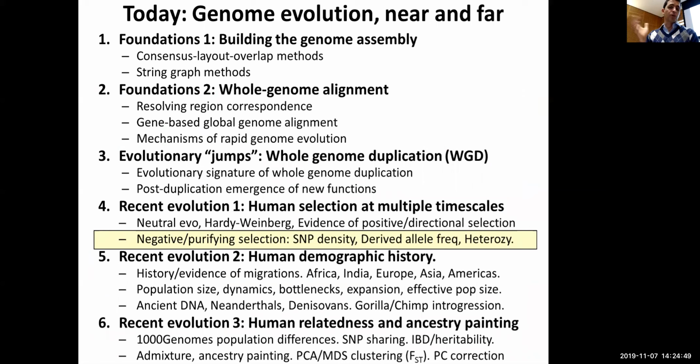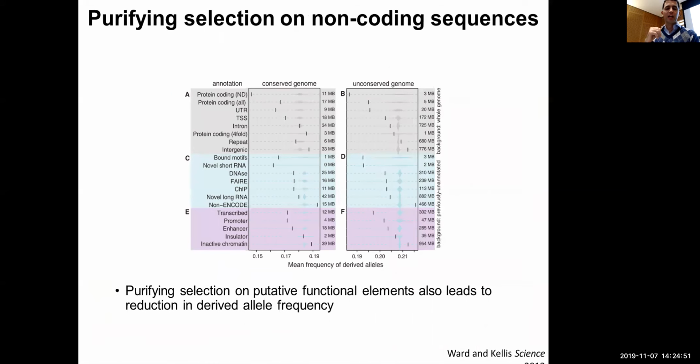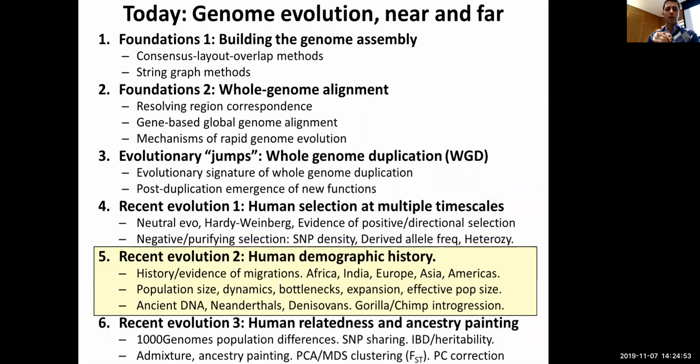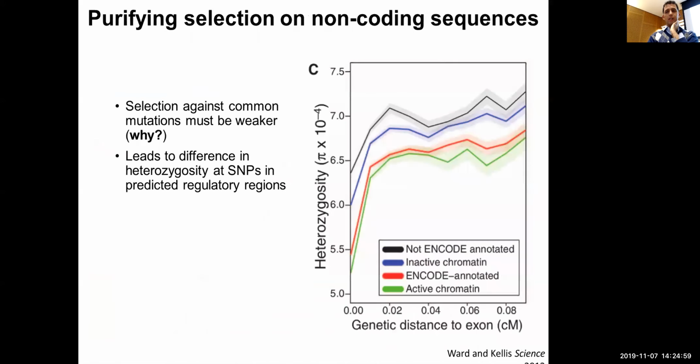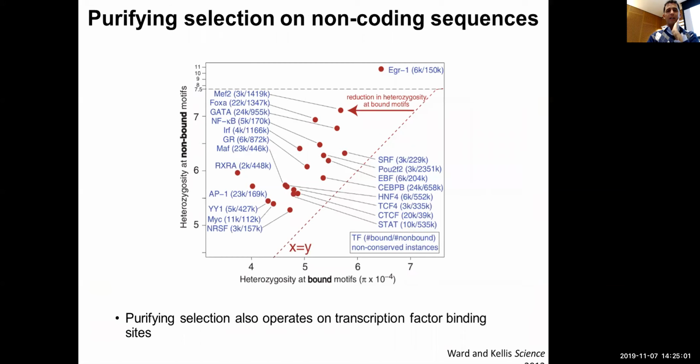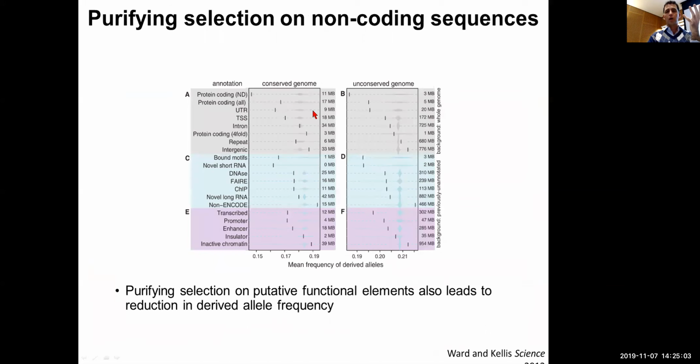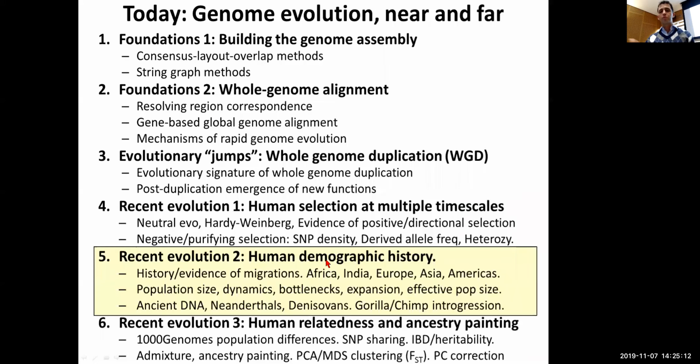So I guess this is where we're going to end today. We can measure selection in the human population for recent positive selection, but we can also measure purifying selection. If you look across the allele frequencies for different classes of elements, you find a change in allele frequency, which is indicative of selection, specifically for gene regulatory elements.